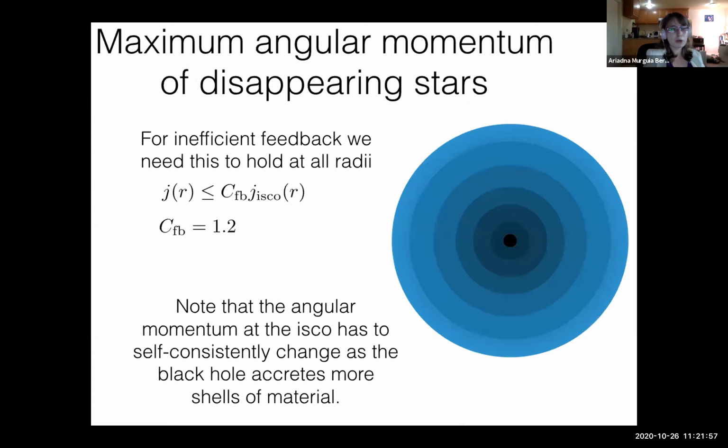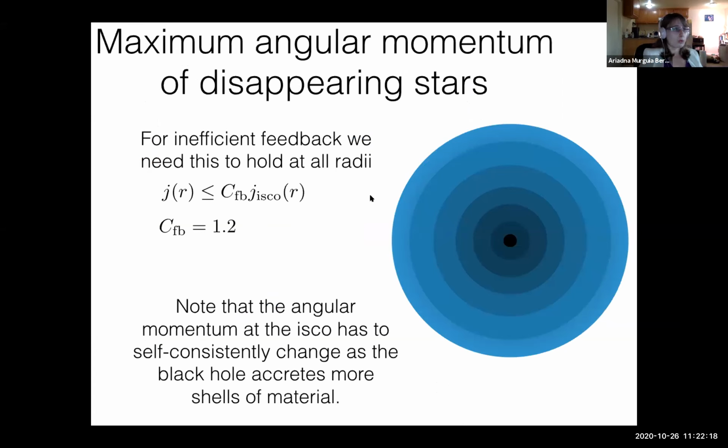Okay, so now that we know that at a slowdown factor of 1.2 there is a transition between efficient and inefficient feedback, we can use this in order to constrain the maximum angular momentum of disappearing stars, because we want those disappearing stars to always have inefficient feedback and never eject the envelope.